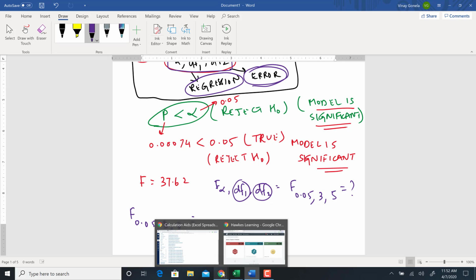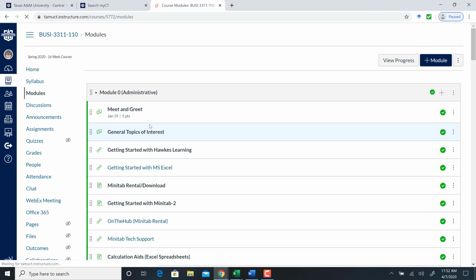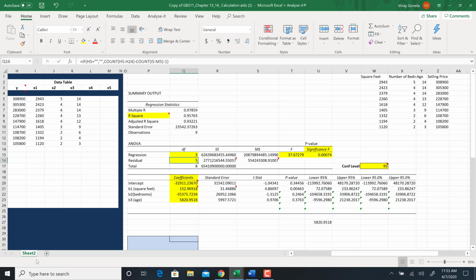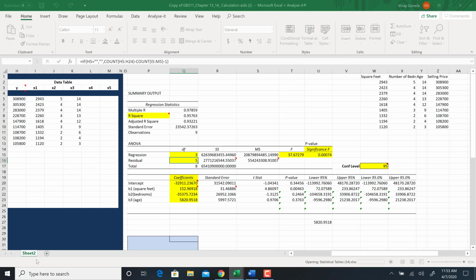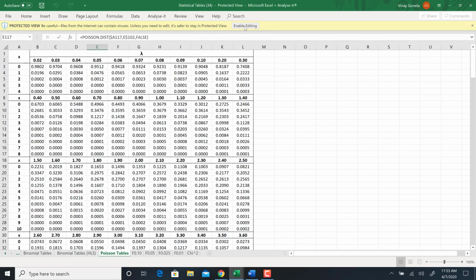To look at this value, I will again go to our Canvas, go to modules. In module 0, I will go to calculation aids, and then look for statistical tables, and enable editing.